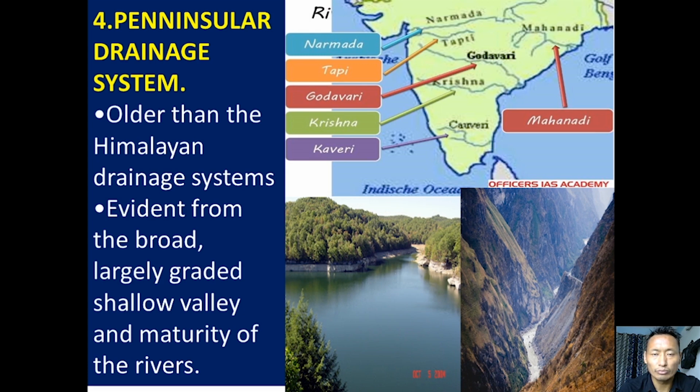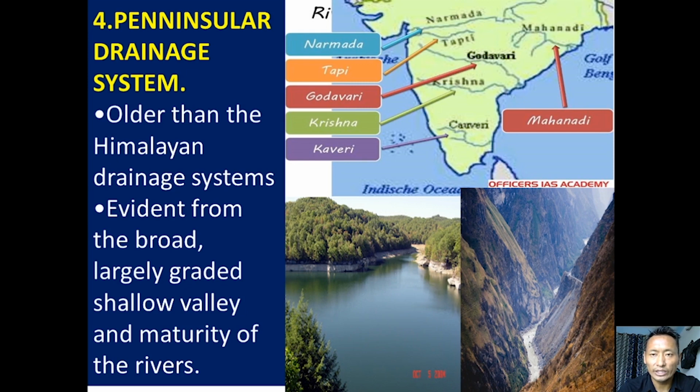After the formation of the Himalayan mountains, the Himalayan rivers emerged. That clearly shows that Himalayan river systems are much younger than Peninsular river systems of India.